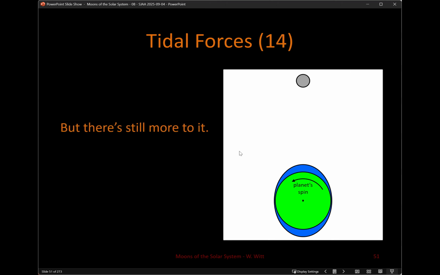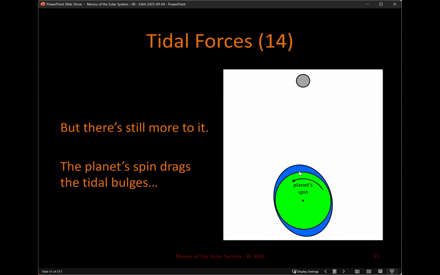But there's a little bit more to it here now, because the planet's spin actually drags the tidal bulges, right? So if the planet is spinning this way, it's creating some pull or drag on the water, such that the moon is trying to pull the bulge straight towards it, but the planet's spin wants to pull the top bulge a little bit to the left.